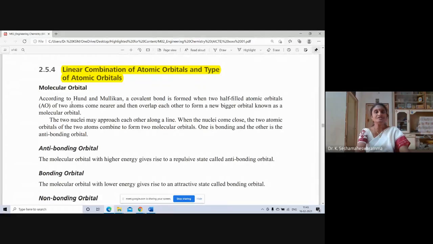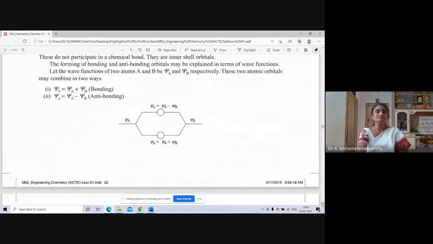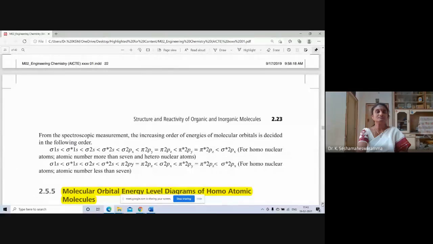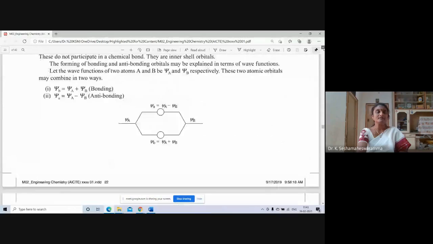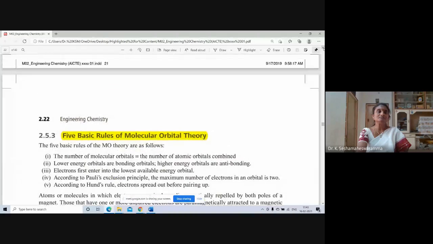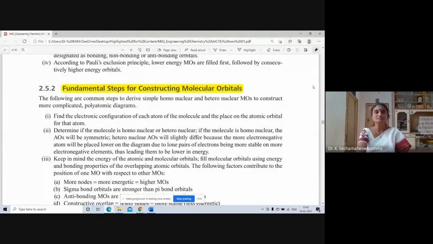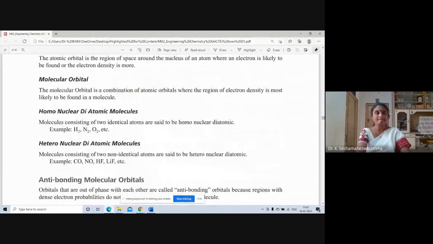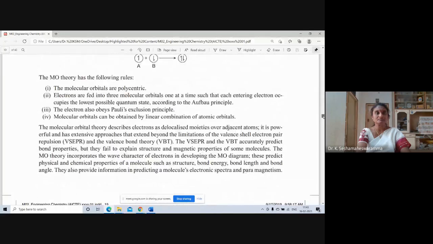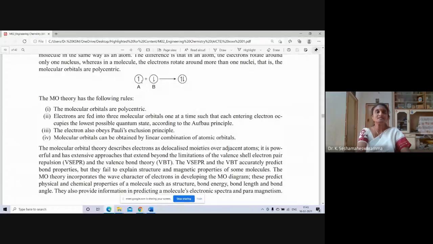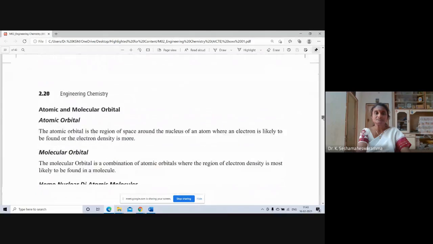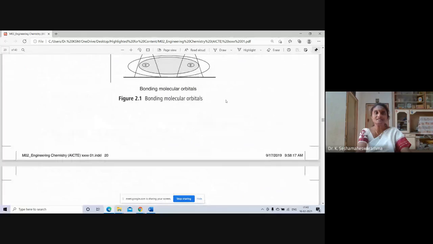Like here. One orbital with one electron, another orbital with another electron, formed as a molecular orbital.